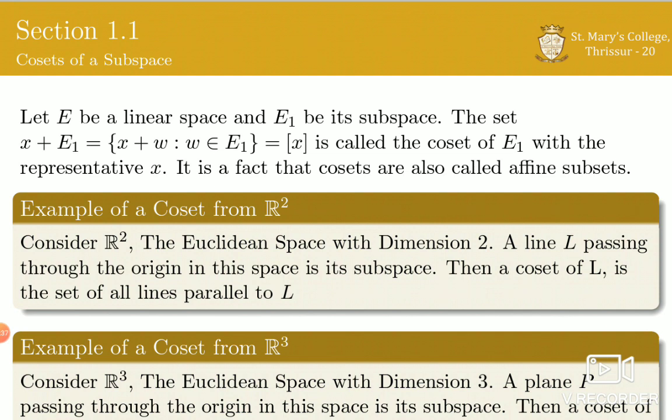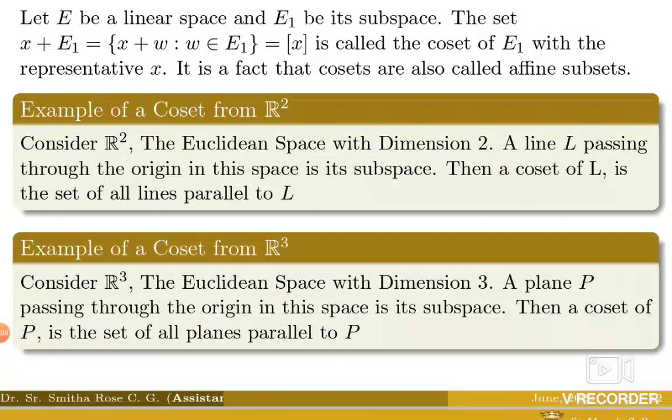We know that. So here we have a coset. We are taking one line, capital L, which is passing through the origin, and we are going to construct cosets of L. The coset of L is actually the set of all lines parallel to L. Likewise in R3 also we can think of some subspaces.